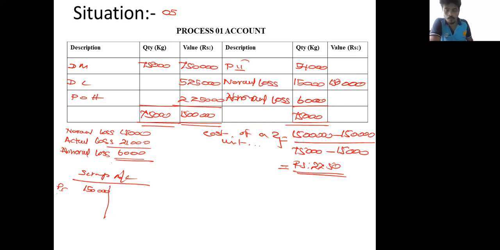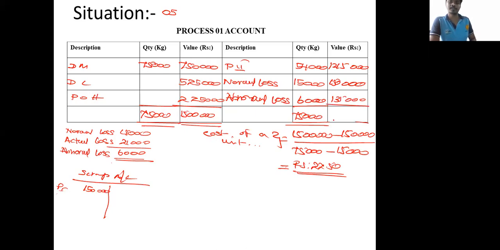Then it's 1,215,000. Then I explained to you earlier, here we are assuming the total cost of an abnormal loss unit equals the cost of a good product. So this one also we can multiply by 22.5. Then value would be 135,000.